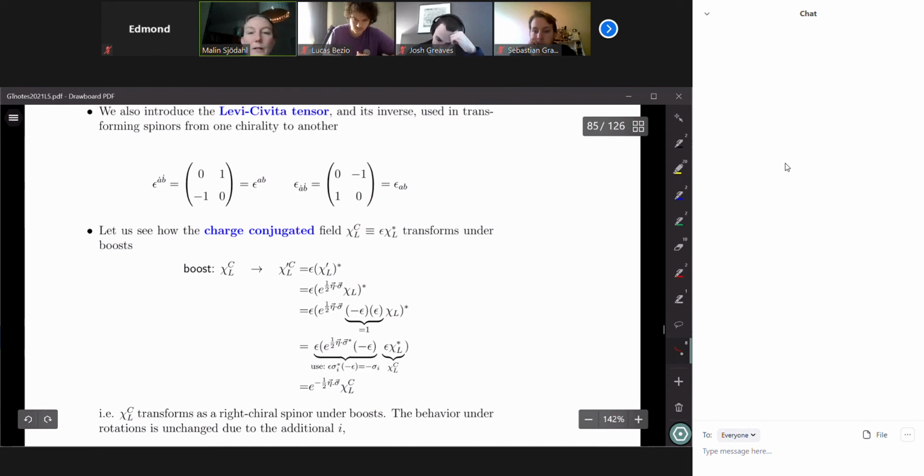And now we will explore what happens to this if we do a boost. So we take this and we want to boost it, so it gets to itself primed.